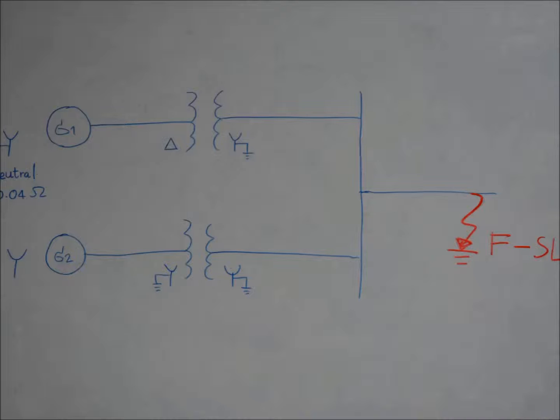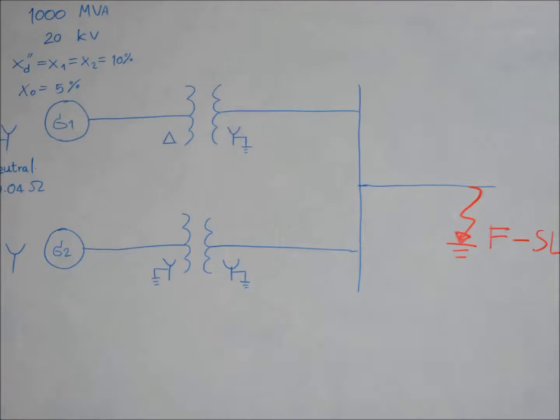Generator 2 is 800 MVA, 22 kV, subtransient reactance positive sequence equals negative sequence equals 15% and zero sequence is 8%.